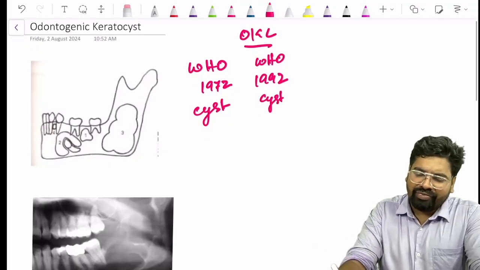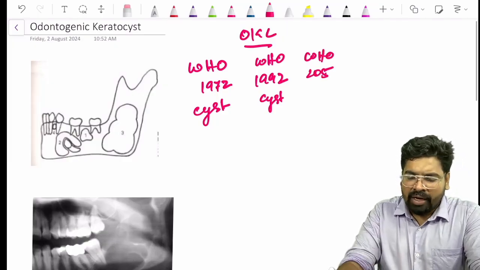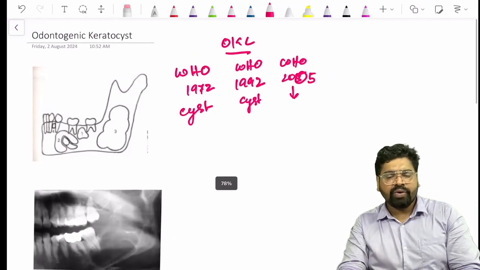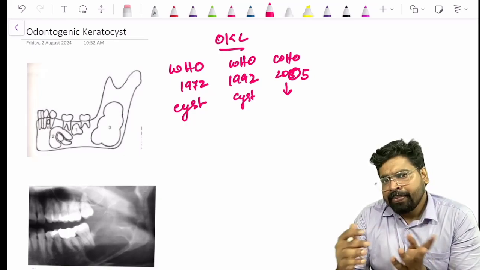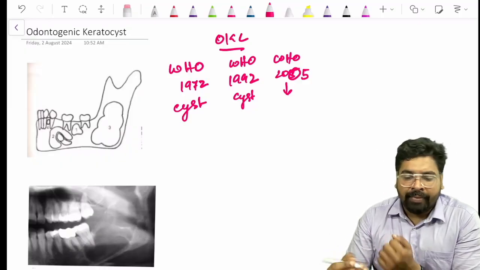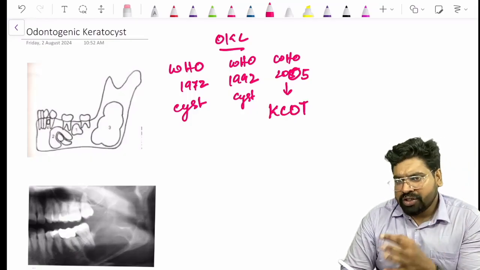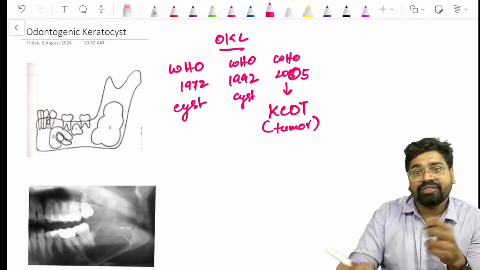Later, in the WHO 2005 classification, they found that this cyst is not actually behaving like a cyst, it is behaving like a tumor. So they renamed it KCOT, keratocystic odontogenic tumor. So they called it a tumor in 2005.